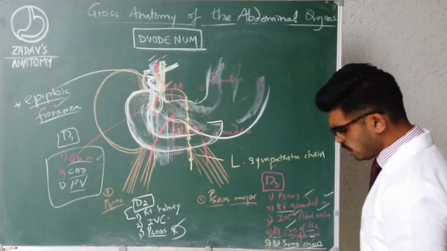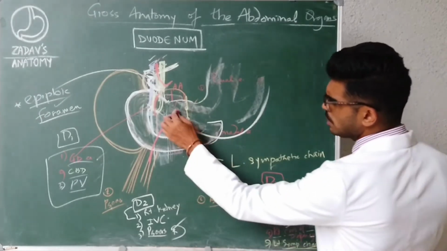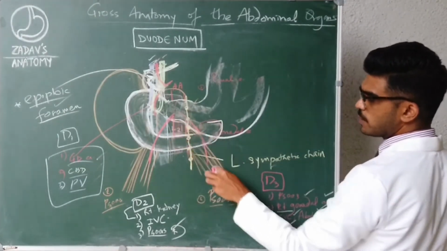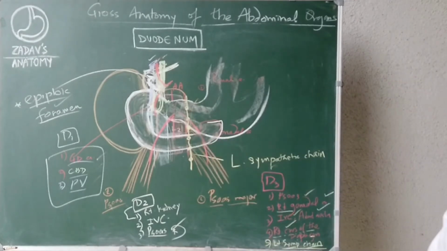You can also include the left gonadal artery if you want to, but mostly we talk about that in relation to the fourth part.